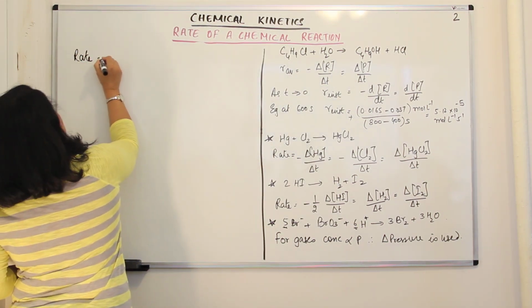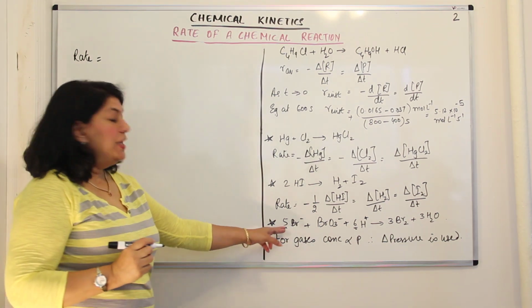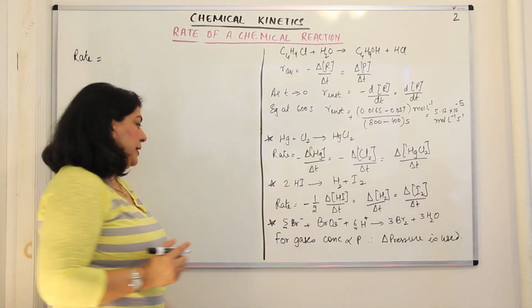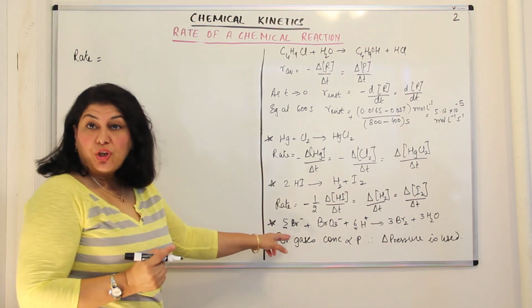So what will rate be? Rate will be equal to minus the change in concentration of the reactant Br negative divided by its stoichiometric coefficient.